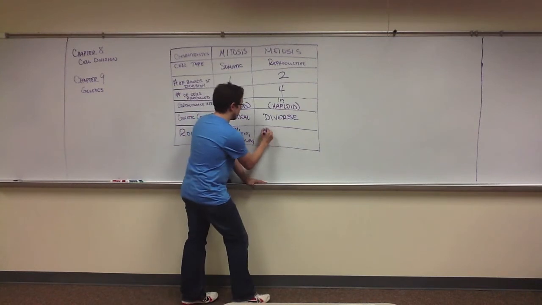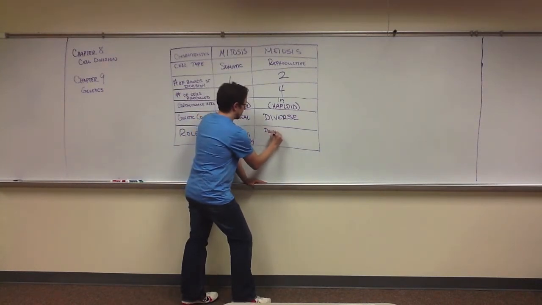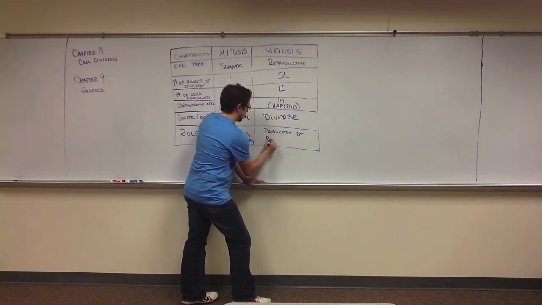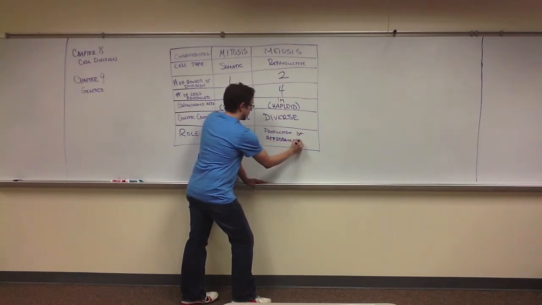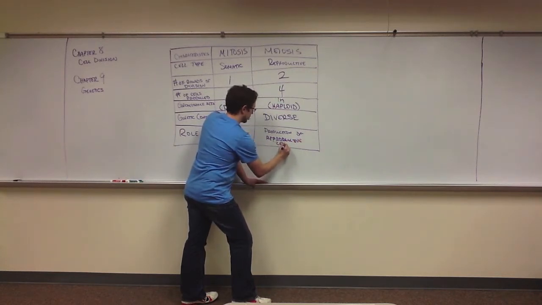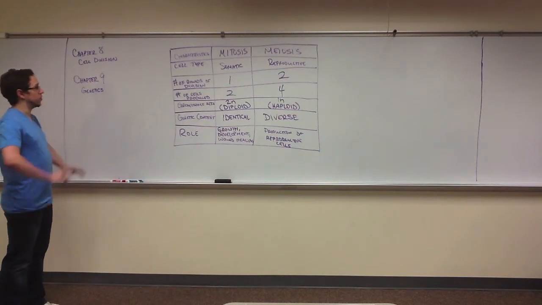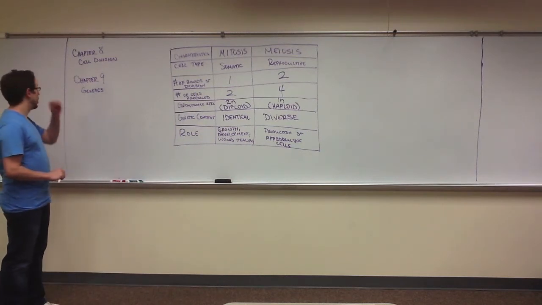Meiosis is just used in the production of reproductive cells. All right, so this is our table for this process.